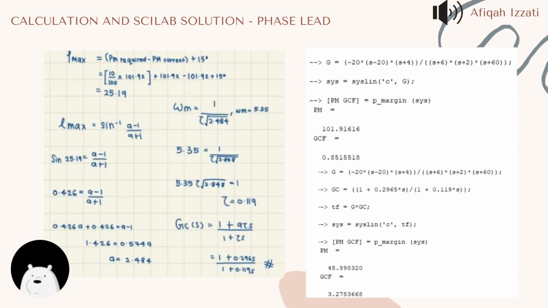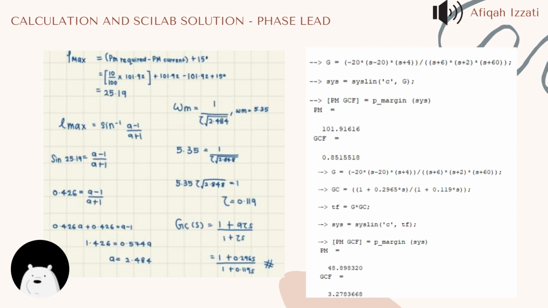We can also find the value of alpha by using the value of Vmax. Therefore, the value of our alpha is equal to 2.484. Next, the value of our omega m is equal to 5.35. From the value, we can get the value of tau.